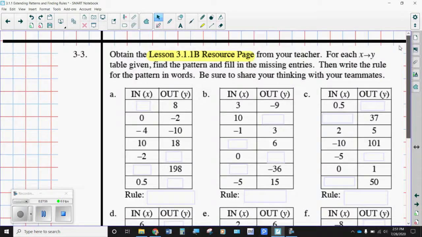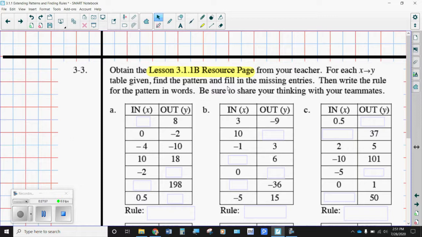You've got this resource page. All I'm going to do is I'm going to do the reveal. Okay. I'm not going to go through and make this a 40-minute video by going through each one of these tables. Although if you have any questions, you could email me, you could contact me. But I think once you see what the rule is, it'll make sense, okay?